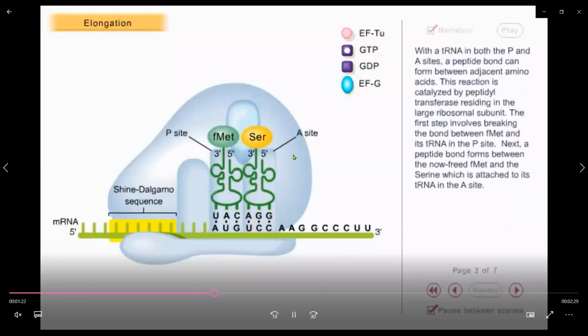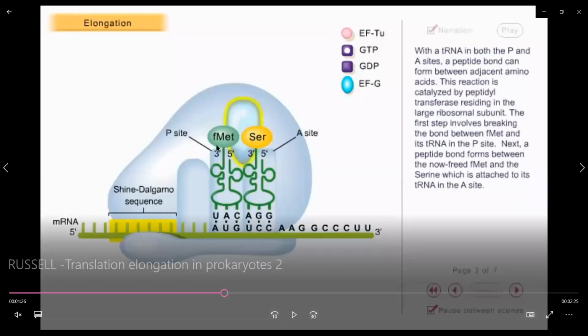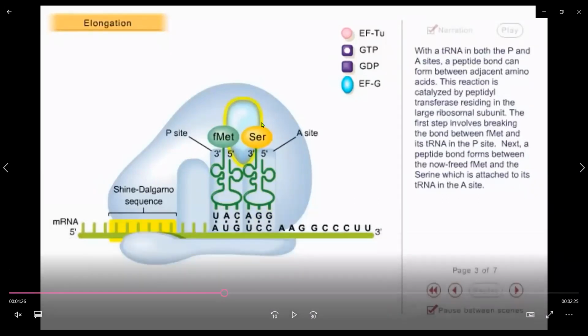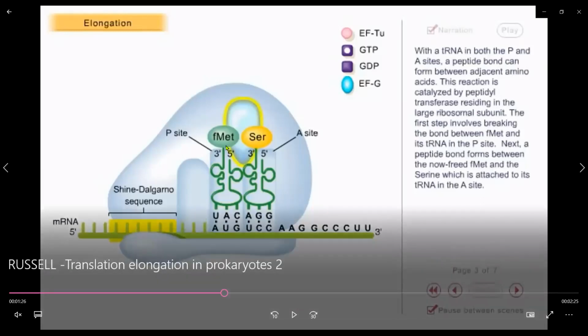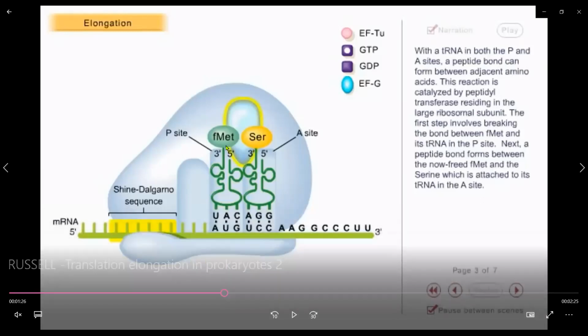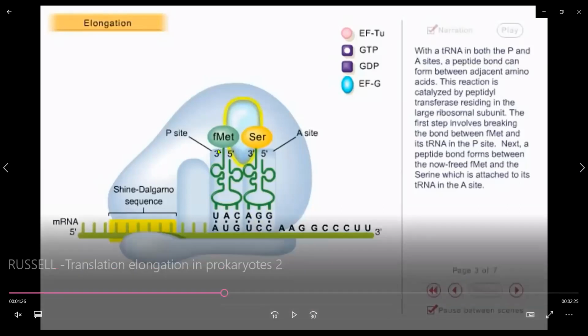So our P site and A site are now filled. As I said, there was this droplet which is now surrounded by yellow halo. You can see this reaction is catalyzed by peptidyl transferase residing in the large ribosomal subunit. The first step involves the breaking of the bond between the methionine, the formyl methionine, and the tRNA in the P site.